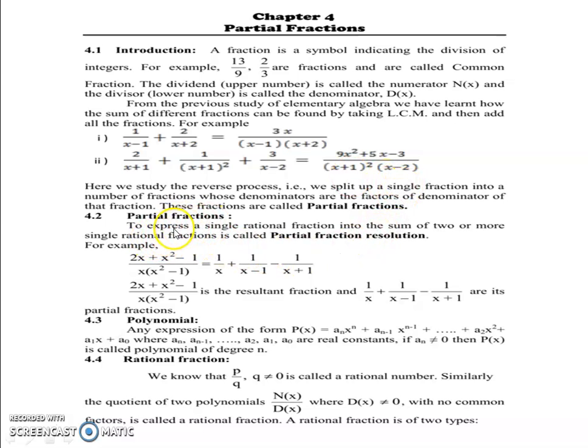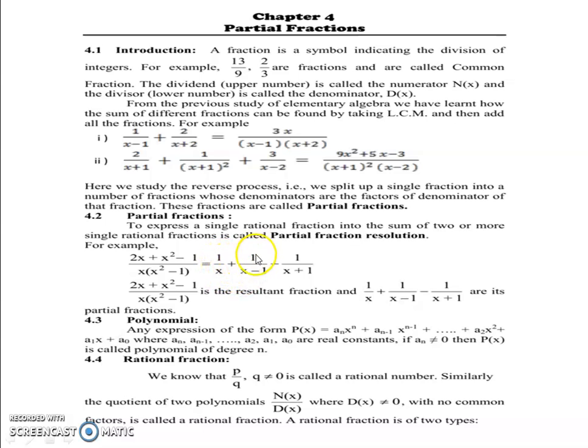That is why expressing a single rational fraction as the sum of two or more simple rational fractions is called partial fraction resolution. For example, 2x square plus x square minus 1 upon x into (x square minus 1). We know that x square minus 1 splits into (x plus 1) into (x minus 1).